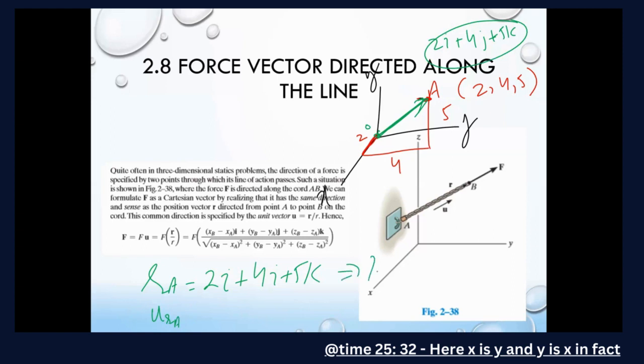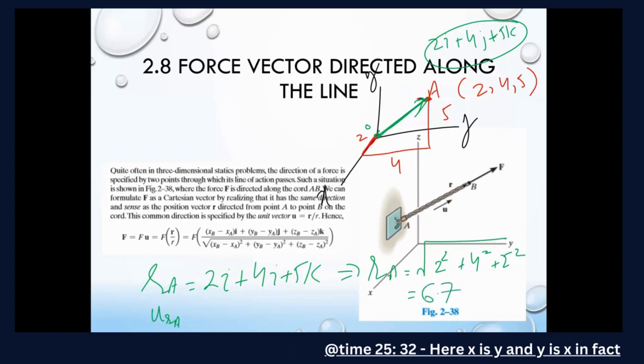So I will first figure out the magnitude. It would be the square root of 2 squared plus 4 squared plus 5 squared. Just have a quick calculation. I'm using simple numbers here so that it's easy to calculate. The square root of 45 in decimal is 6.7.